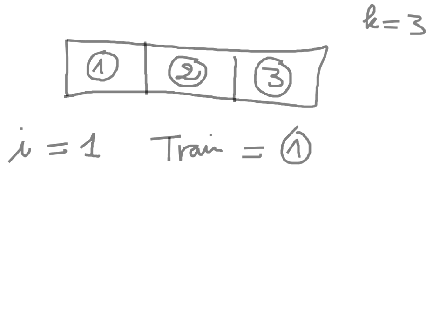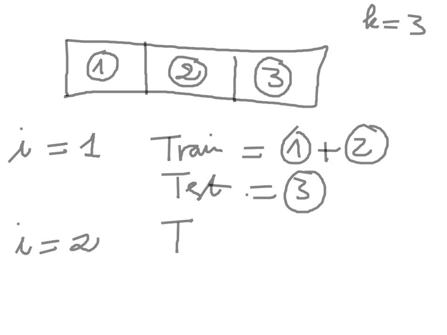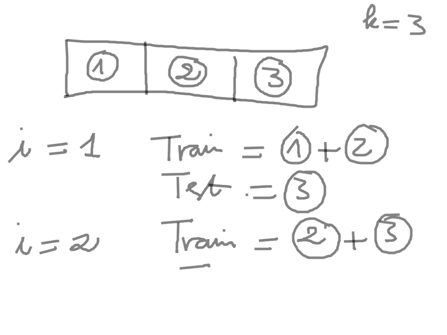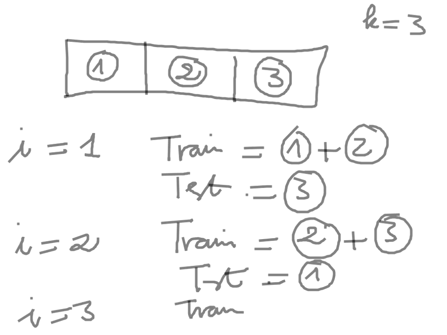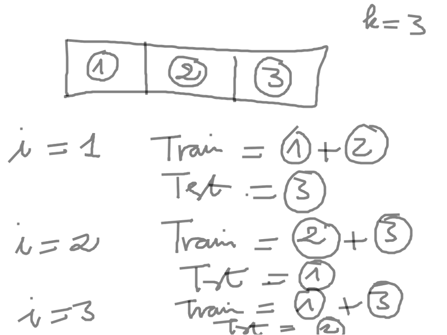For i equal 1, training is 1 plus 2, test is 3. For i equal 2, the training will be 2 plus 3 and the test will be 1. For i equal 3, the training will be 1 plus 3 and the test will be 2.